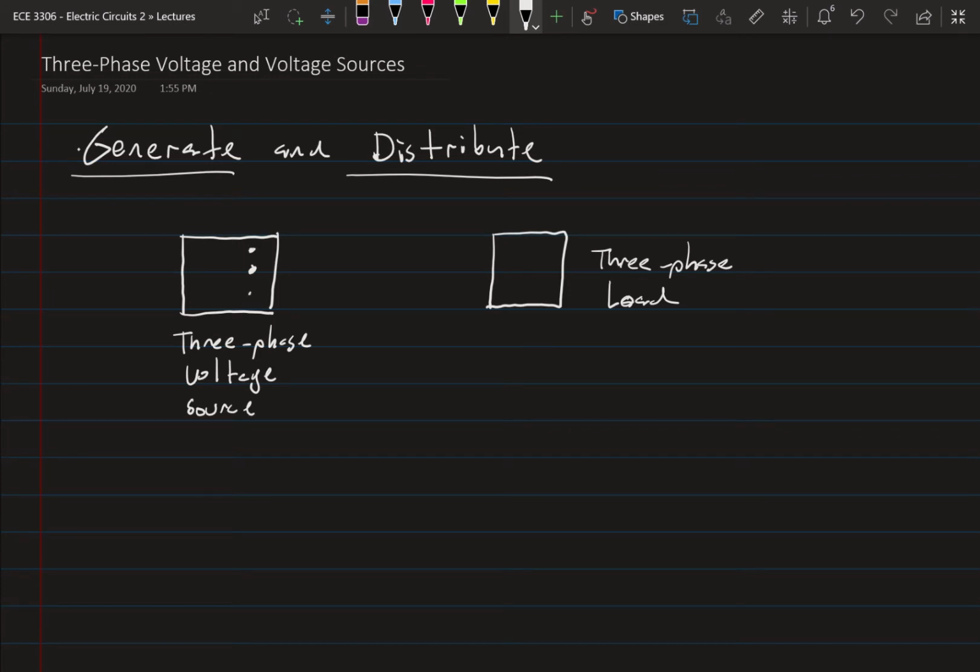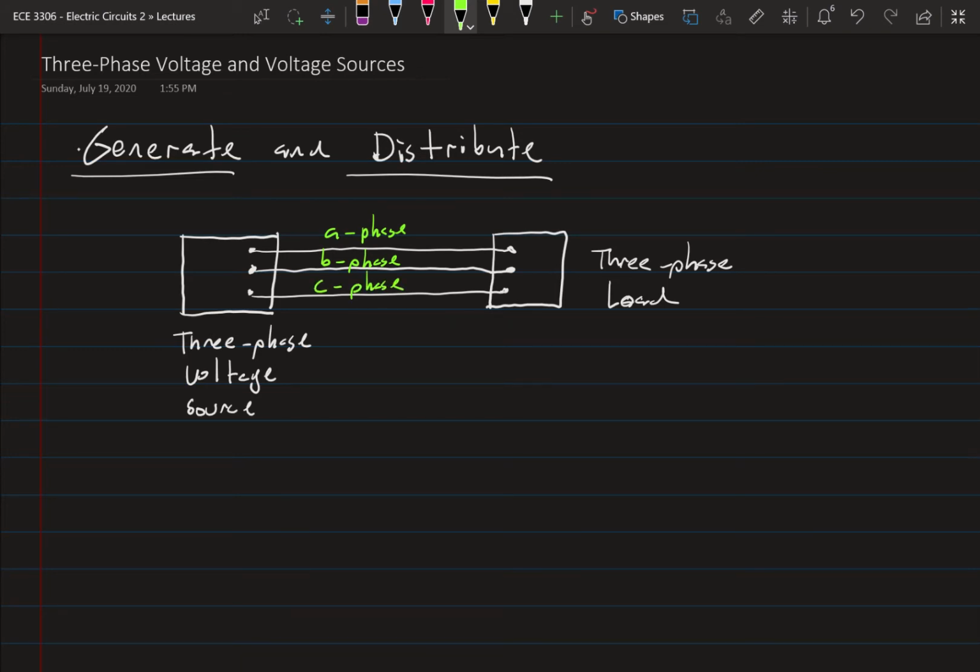And those will be connected to each other by, you guessed it, three individual lines. And each of these lines gets a name. We'll call the first one the A phase, the second one the B phase, and the third one is the C phase.